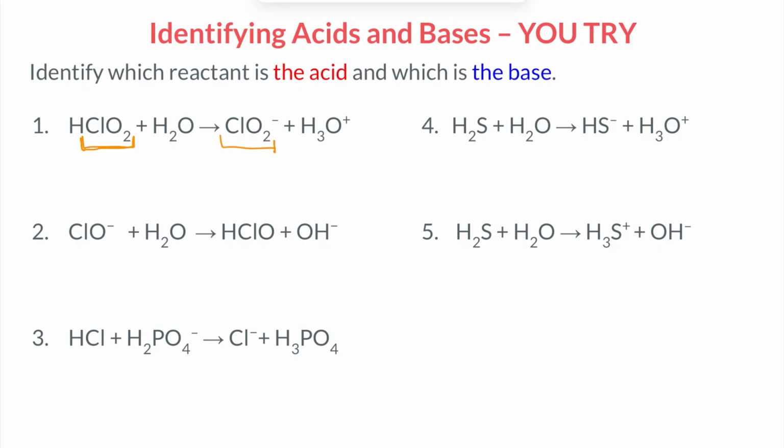Well, when I look at that, I went from having one hydrogen to no hydrogens. And so by losing a hydrogen, that means that HClO2 lost a hydrogen or donated it, meaning it is an acid. So that means our H2O should be acting as a base.